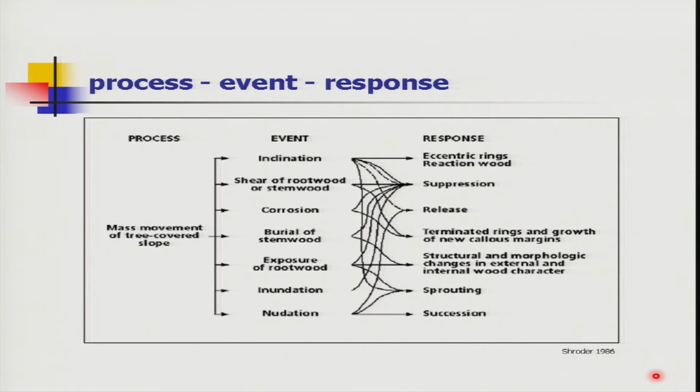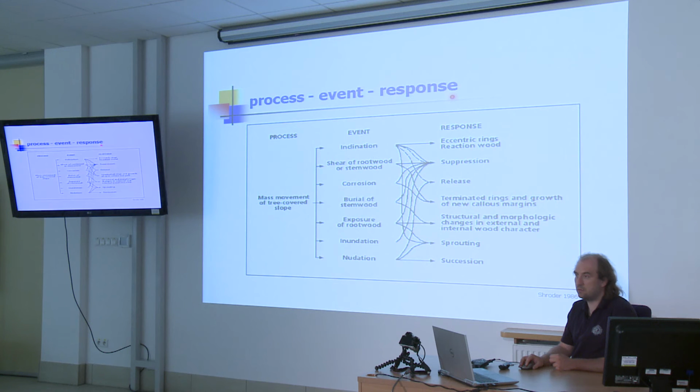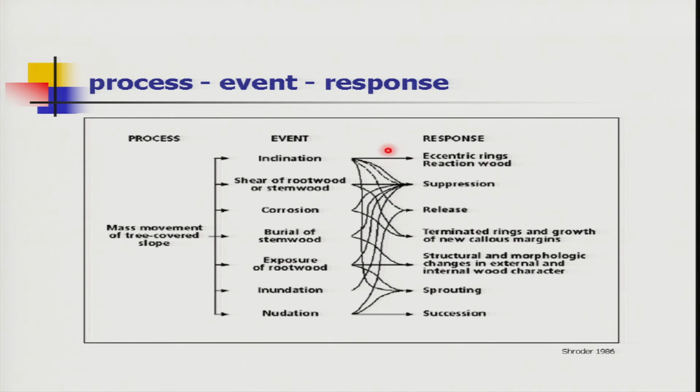As you can see on this graph, the concept is easy and seems to be very promising. But when we go deeper, looking at these arrows and lines, we see that the situation becomes very complex.